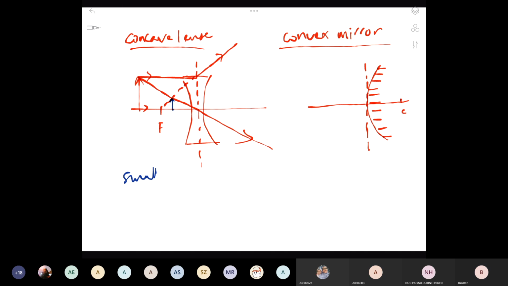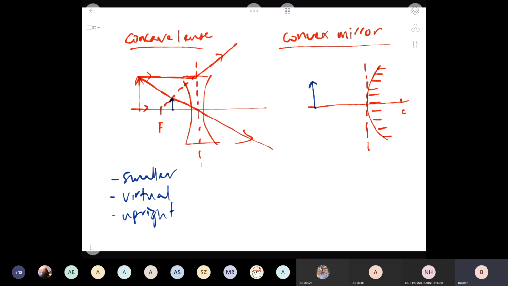Smaller, virtual image. Virtual, that's correct. Virtual because actually this line doesn't exist. Okay, another one is upright because you can see both of object and image points upward. So it is upright.